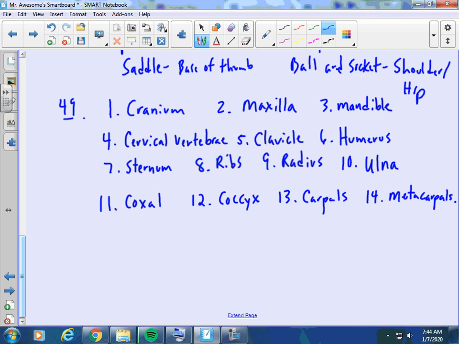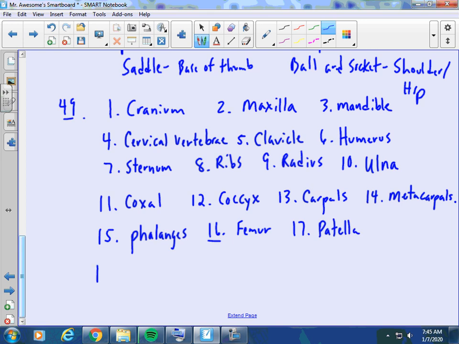And then to the fingers, number 15. Make sure I've got my numbering right. Yep. It's going to be phalanges. 16, major bone, the thigh bone, which is the femur. Number 17, the kneecap, is called the patella.